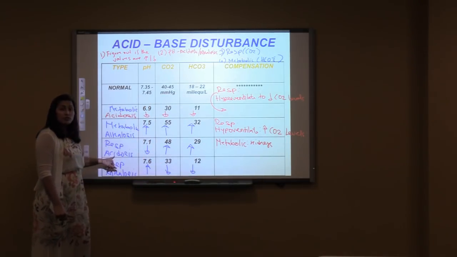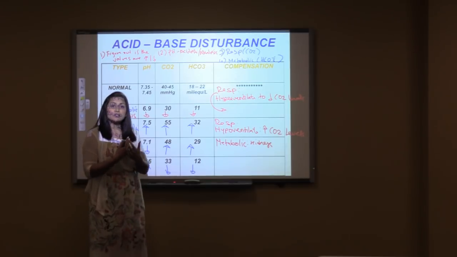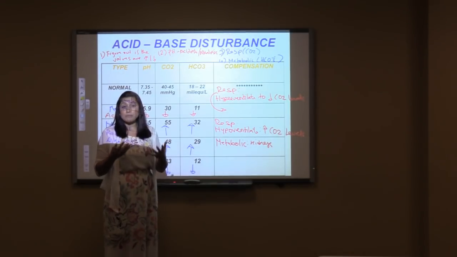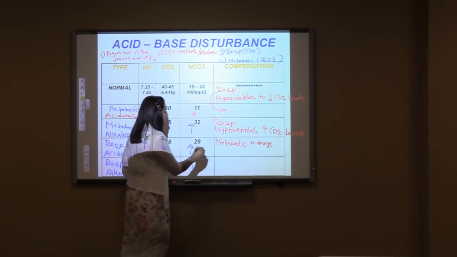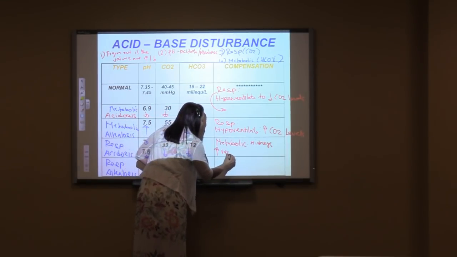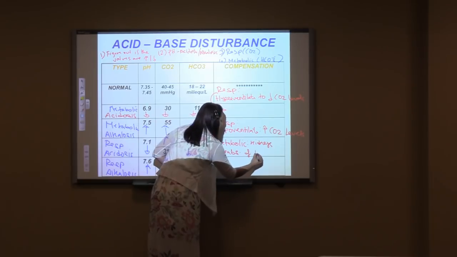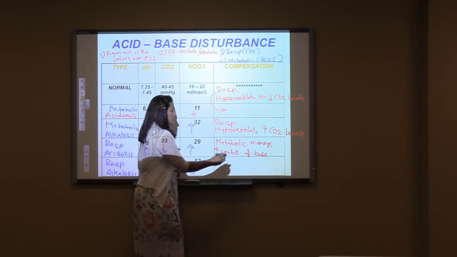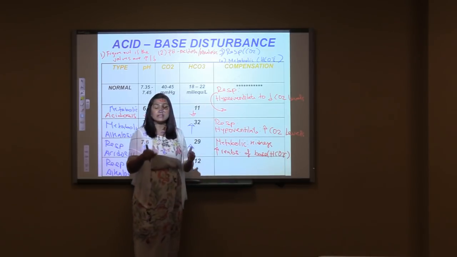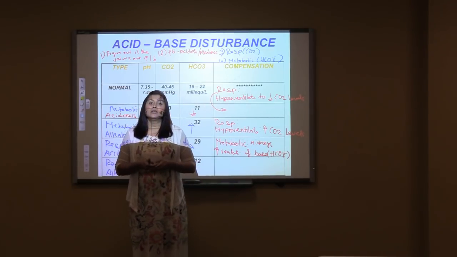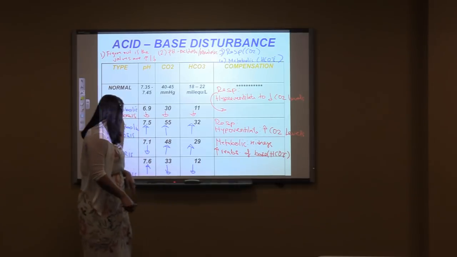You're in acidosis, so you want to increase the base levels in your body. Base is bicarbonate, so your kidneys will increase reabsorption of base. By increasing the reabsorption of bicarbonate, the pH goes back up.